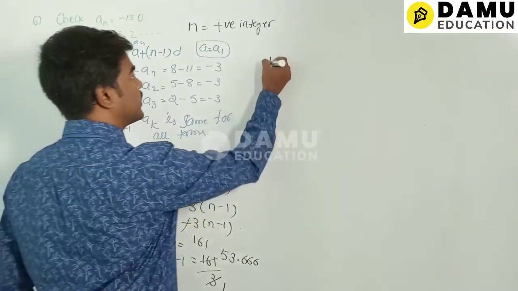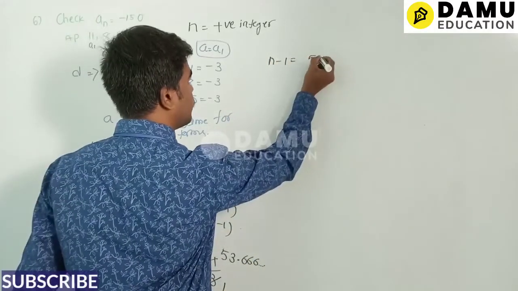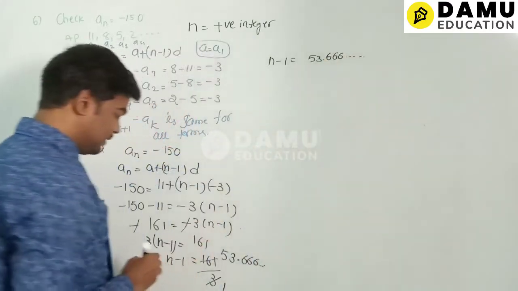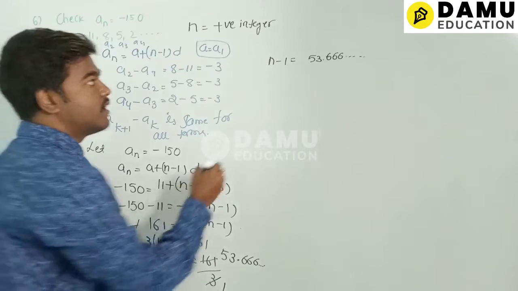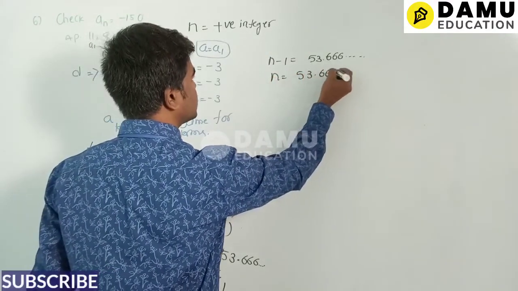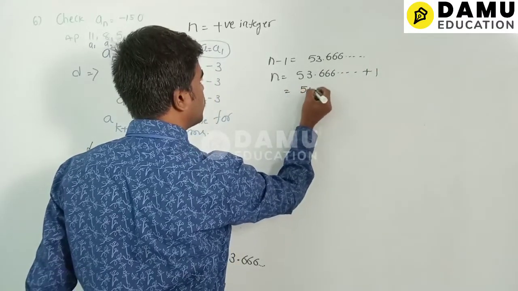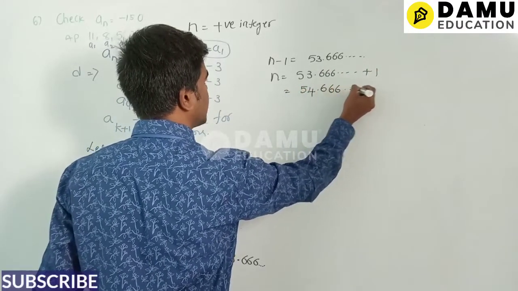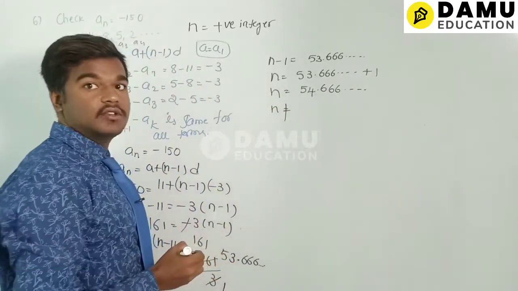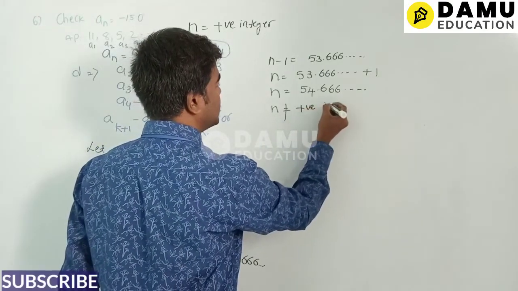So n minus 1 will be equal to 53.666 and so on. So n will be 53.666 and so on, plus 1, which is 54.666 and so on. So n is not a positive integer.